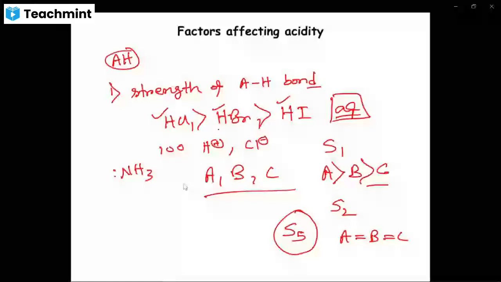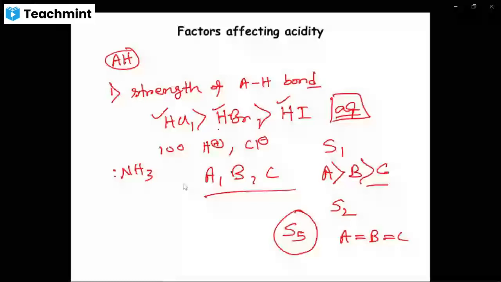If you take them in an organic solvent, or in an anhydrous medium or vapor phase, then their acidity will differ, because then they will not dissociate completely. But in aqueous solution, they will be completely dissociated and their acidity will be the same. HCl, HBr, and HI will not have any difference in their acidity. Do you understand this?